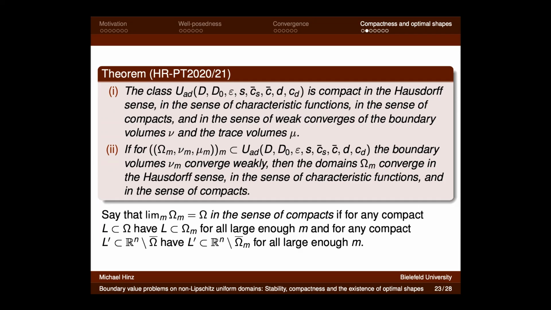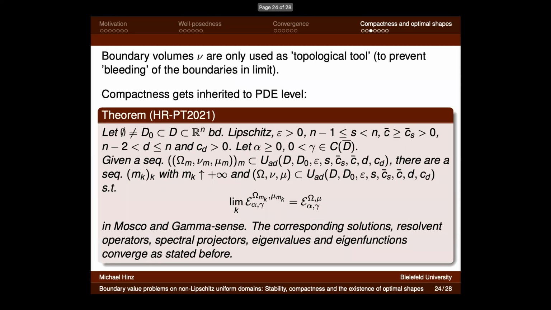This was a bit of work to prove, not too much, but maybe a bit more serious. As I said, these boundary volumes nu are just used as a topological tool, because what can happen if you have such convergence of domains in various ways, you need something that prevents bleeding. So you have a boundary and still there could be some in-bleeding into the domain or out-bleeding, I cannot quite remember.